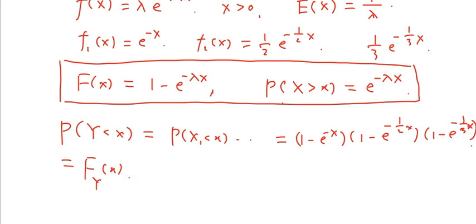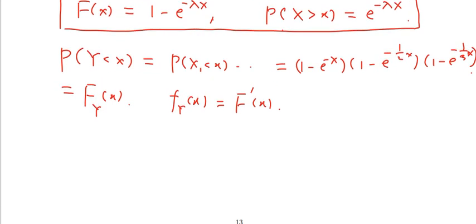So this density function is just the derivative. Now for the minimum, let's say Z larger than x: the smallest one is larger than x means each one is larger than x.